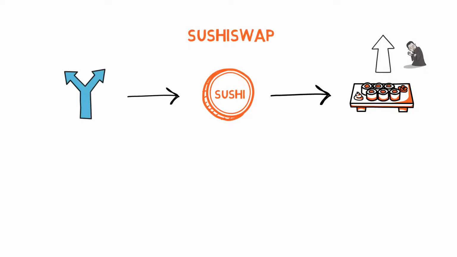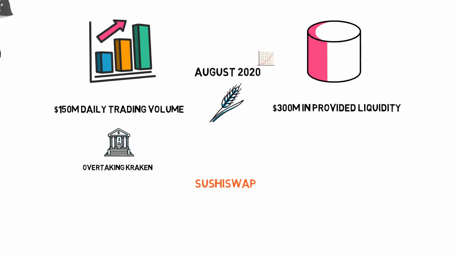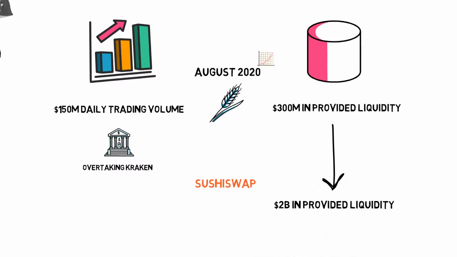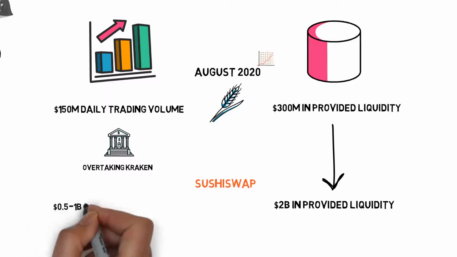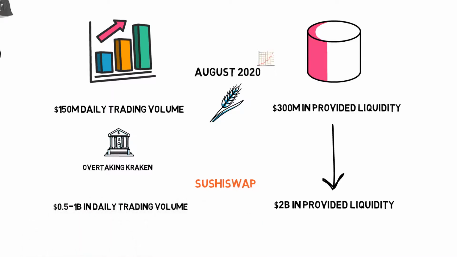The SushiSwap yield farming resulted in UNISWAP's liquidity going from around $300 million to almost $2 billion in a matter of days. On top of that, the daily trading volume was ranging between $500 million and $1 billion, at some point overtaking Coinbase's daily volume.